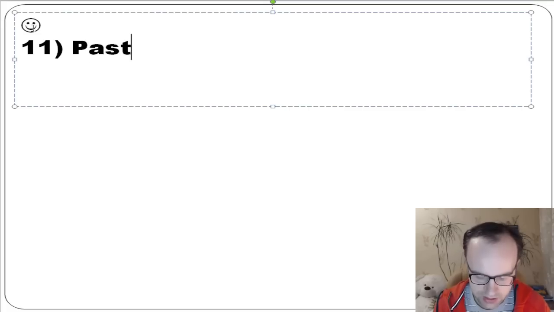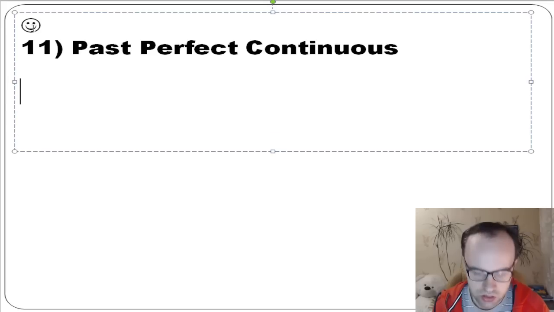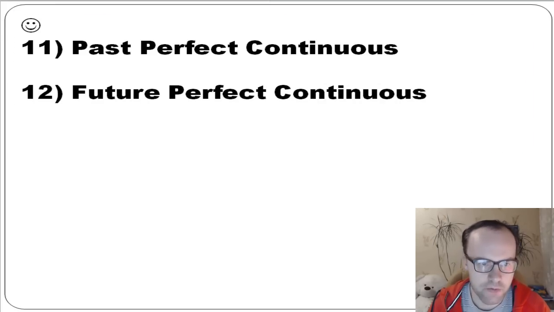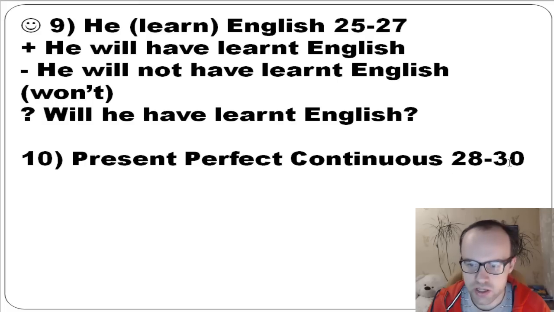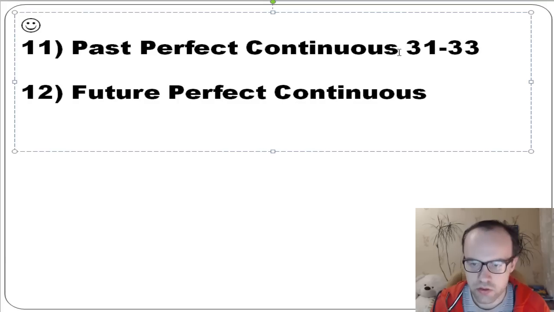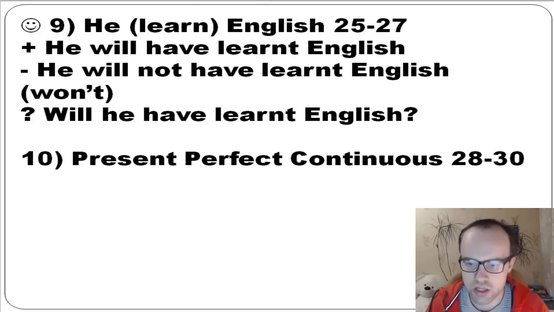We call these tenses past perfect continuous, and future perfect continuous. And as a result, we'll have 36: from 28 to 30, from 31 to 33, and from 34 to 36. So it's okay now.